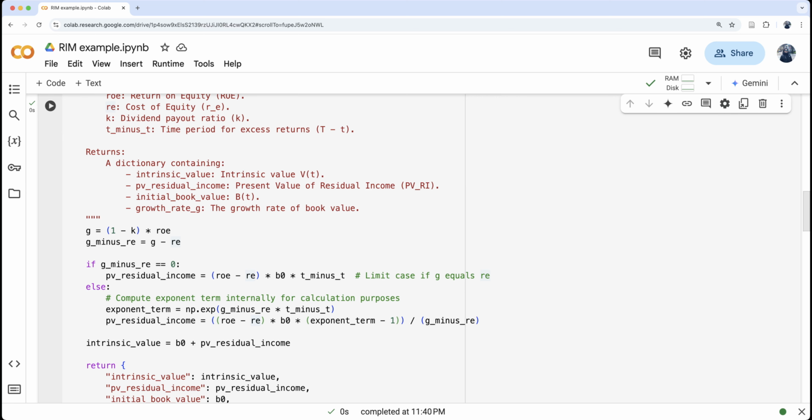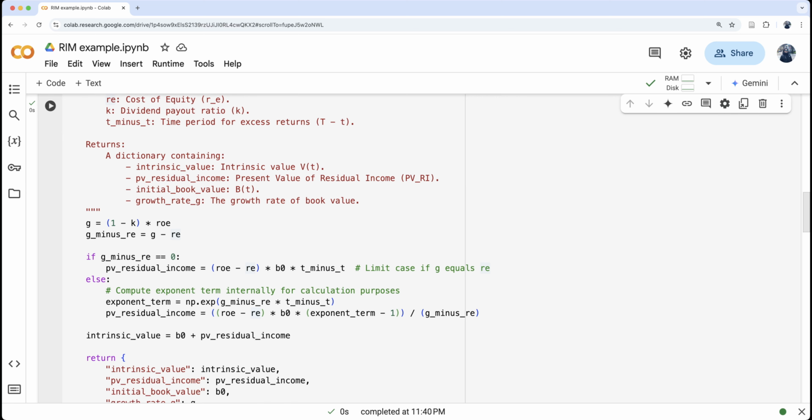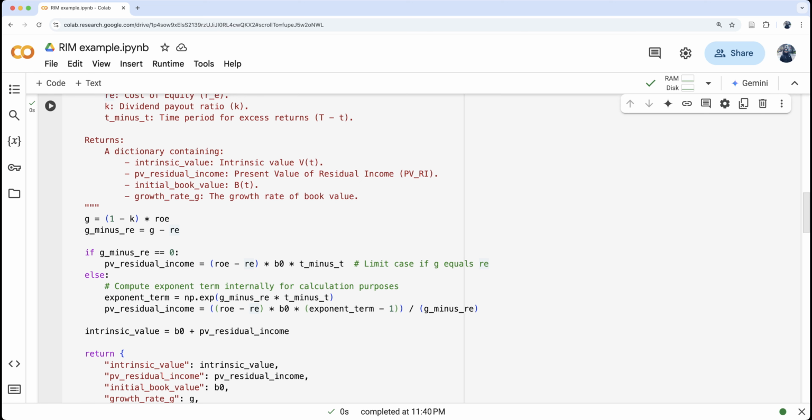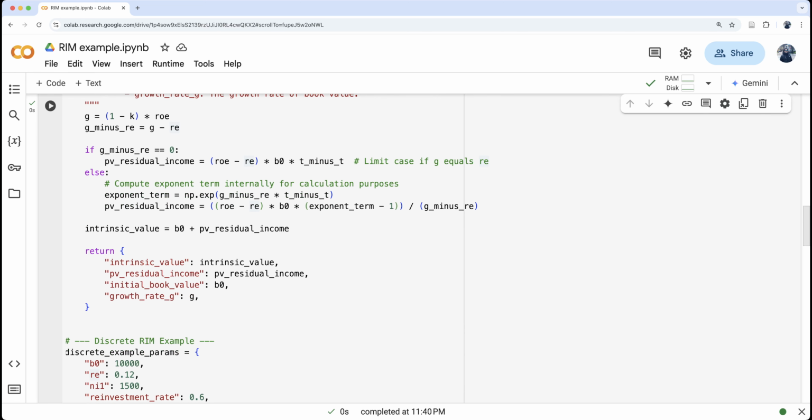We already know this formula. So intrinsic value is therefore B0 plus PV of residual income. We have this return: intrinsic value, PV of residual income, initial book value, and growth rate g.